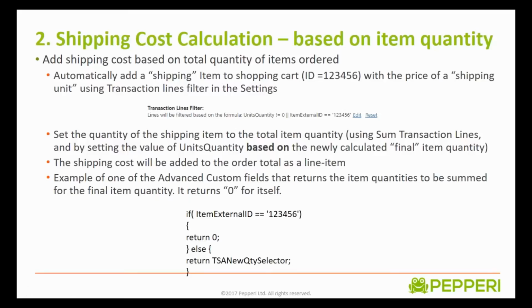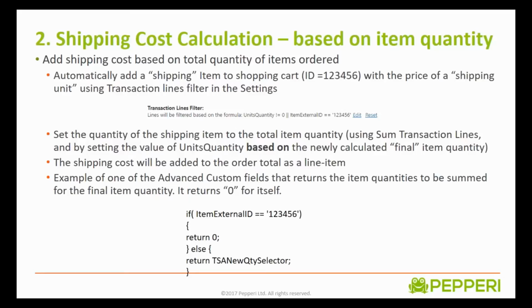That item is added, and that item has a price associated to it. It's a shipping unit price. This particular item has a price of $10. For every item that you order, the quantity of all the items gets summed up, and then you multiply that shipping item by the total quantity of the items.